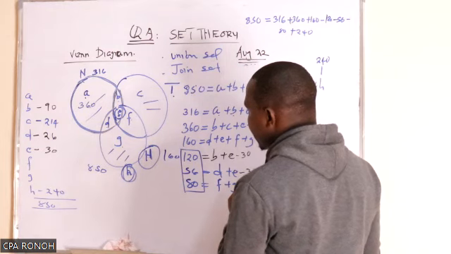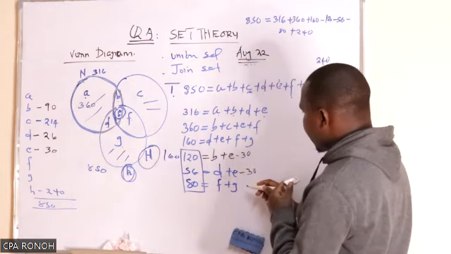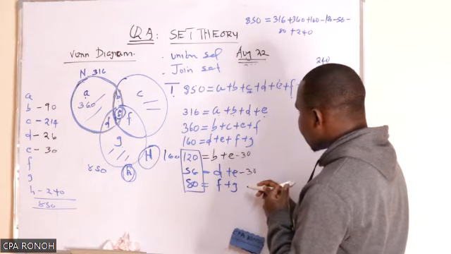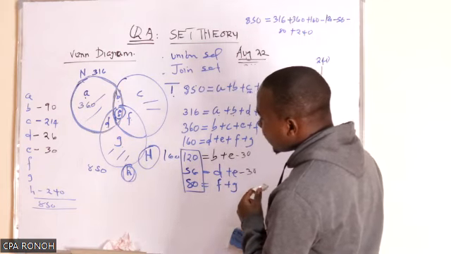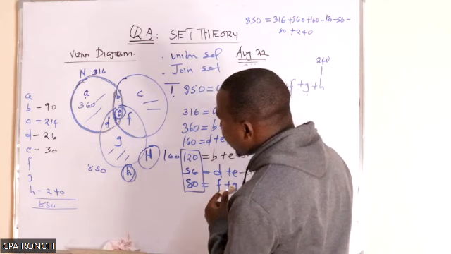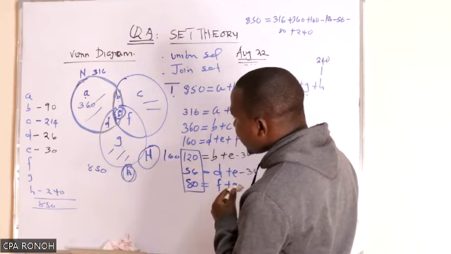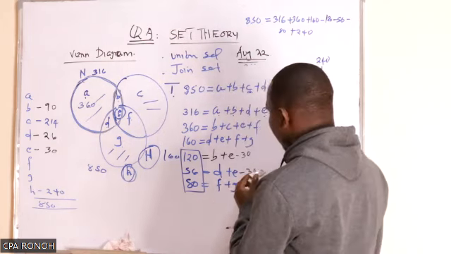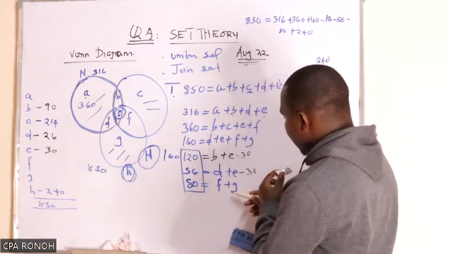Now we are remaining with A, F, G. So how can we get G?